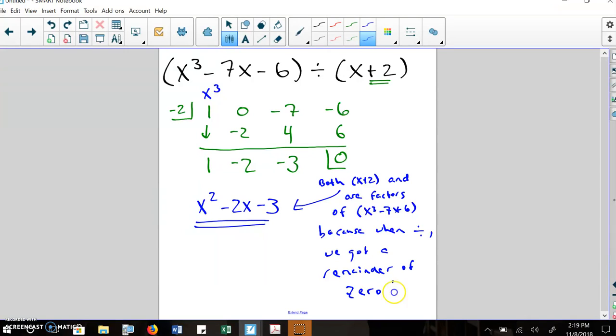In order for something to be a factor, it needs to be evenly divisible into whatever we're trying to divide it into. So in this case, because of that remainder of 0, both of these are factors. And as we move on with this unit, you will see why that is important.